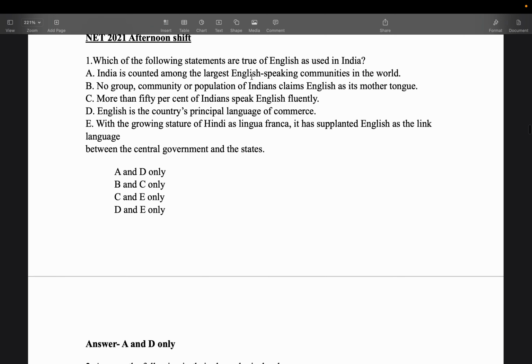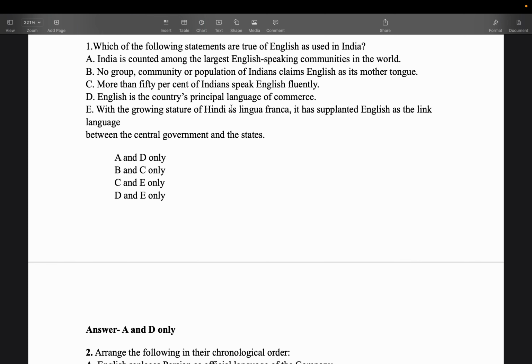India is counted among the largest English-speaking communities in the world. Correct. India is one of the largest English-speaking communities. No group, community or population of Indians claims English as their mother tongue. Wrong. In Nagaland, the mother tongue is English. More than 50% of Indians speak English fluently. Nahi.